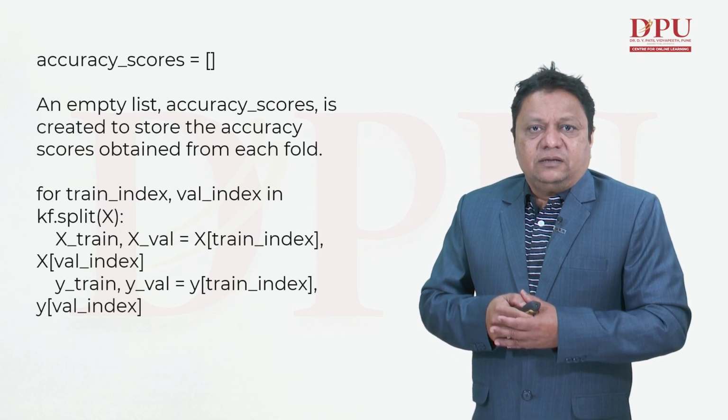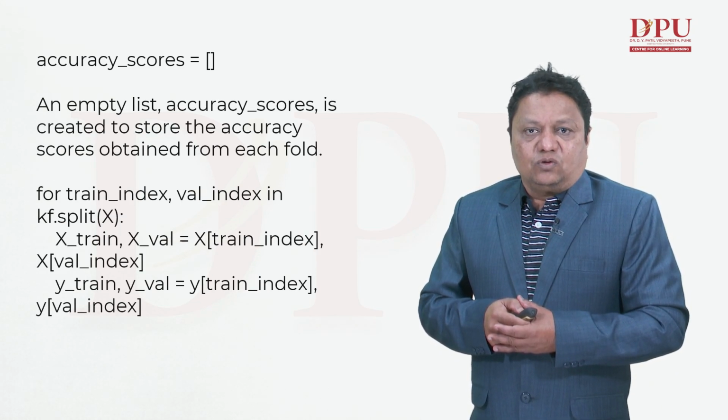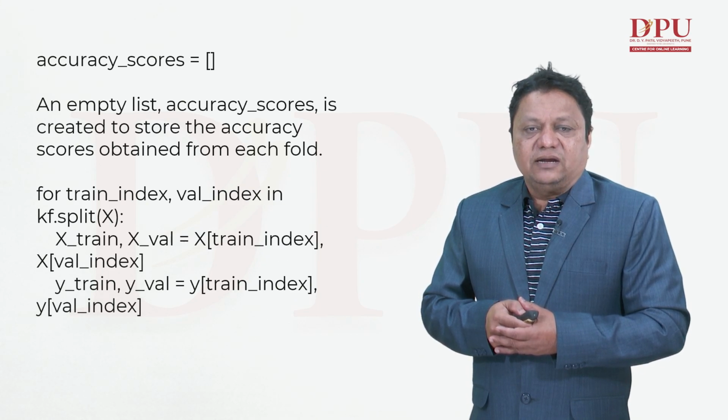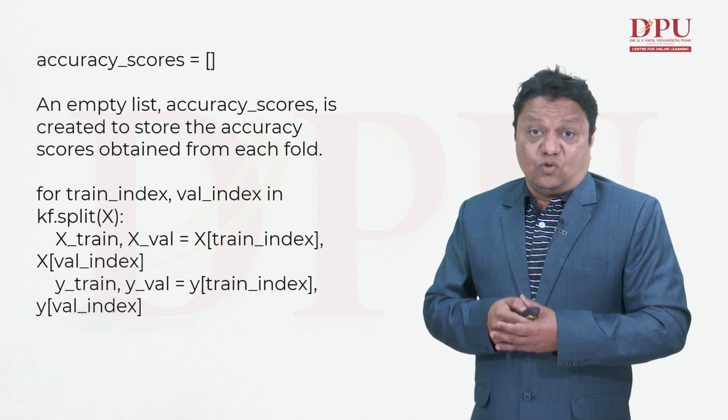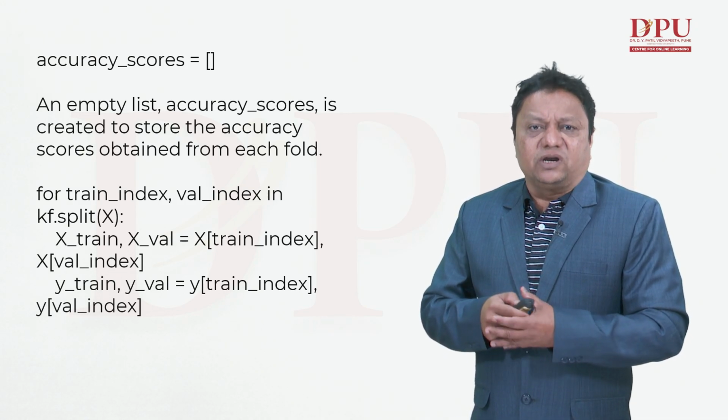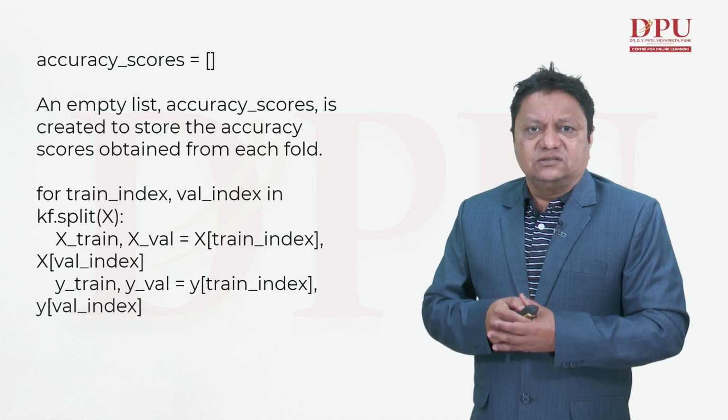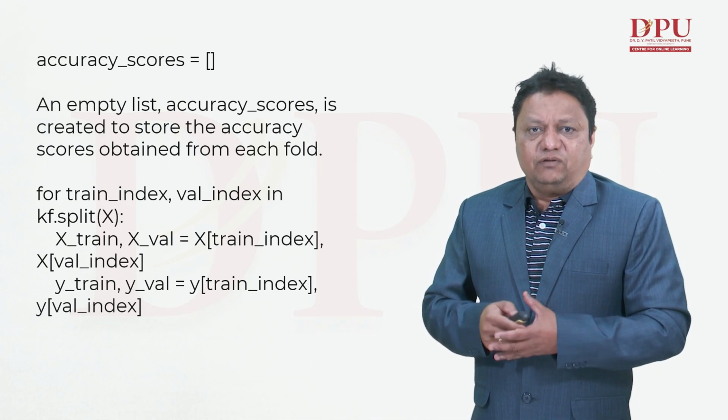Next, accuracy_scores is equal to an empty list. So, here an empty list with the name accuracy_scores is created to store the accuracy scores obtained from each fold.